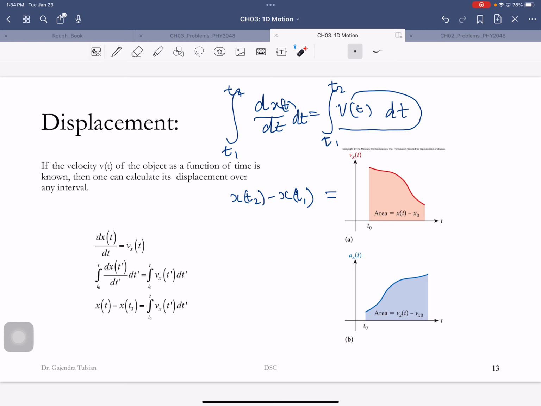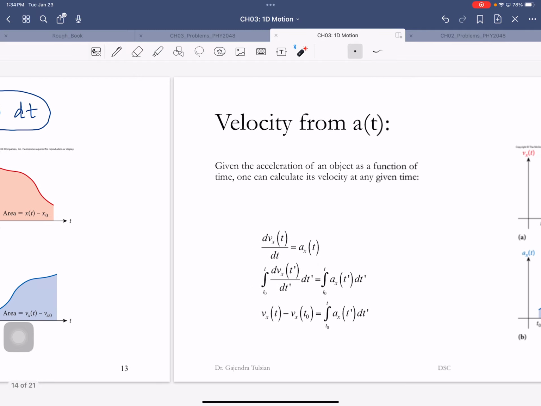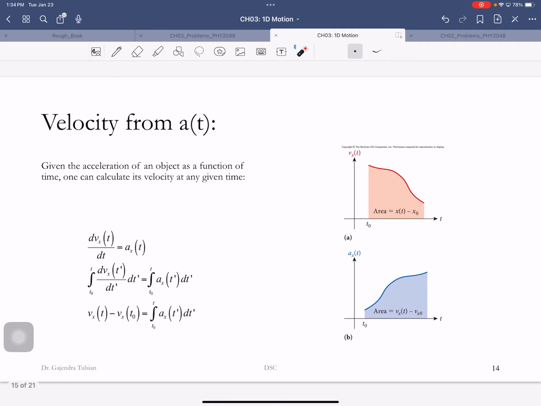Again, you just need to be aware of it. Similarly, if you plot acceleration versus time, the area under that curve will be the change in velocity. Don't worry about it. Take your time at home and you can look at it.